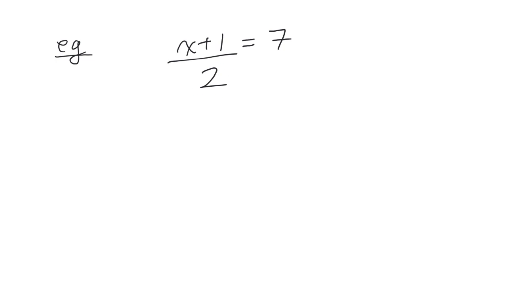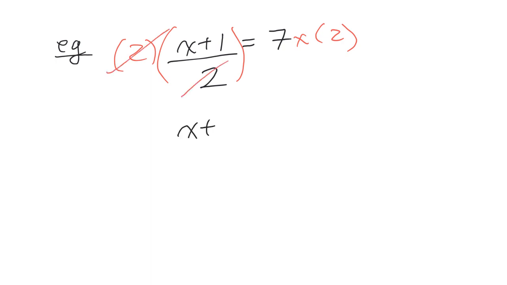That 2 on the bottom says that we're going to have to multiply both sides by 2 in order to get rid of it. So multiplying both sides by 2 means this is gone and this is gone, which means that the left side is just left with x plus 1. So it just cancels out, right? And then on the right side of our problem, we get equals, well, 7 times 2, which is 14.